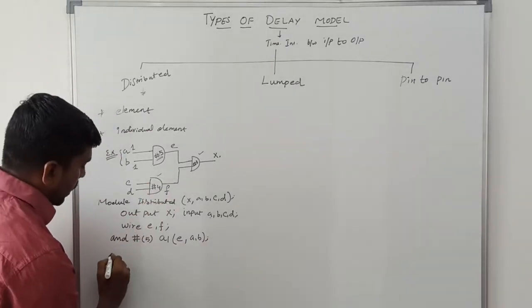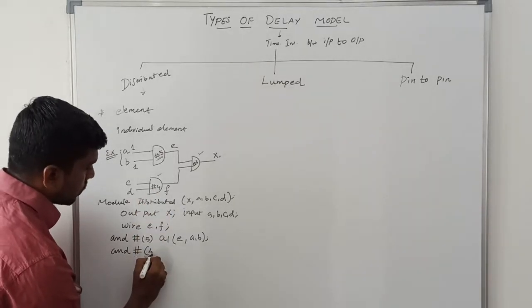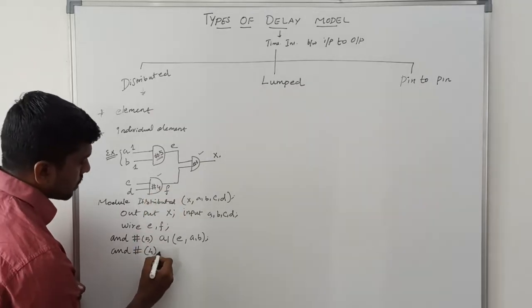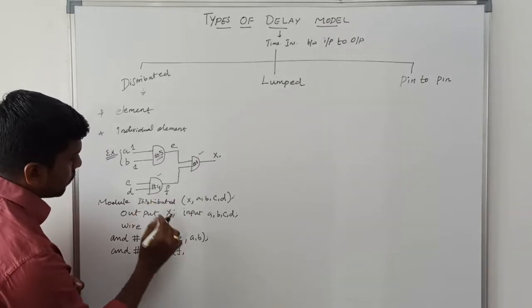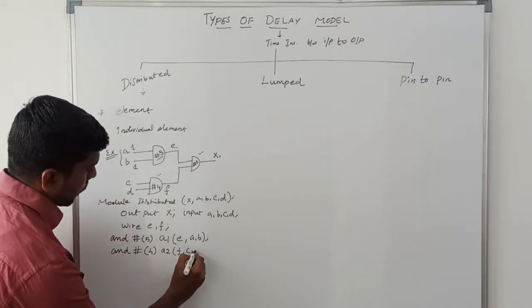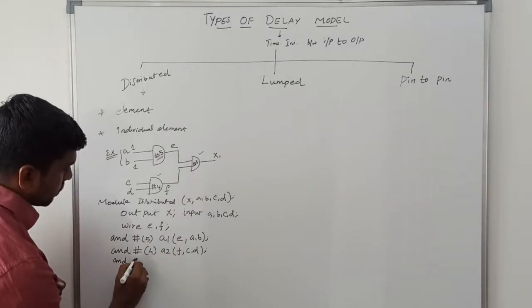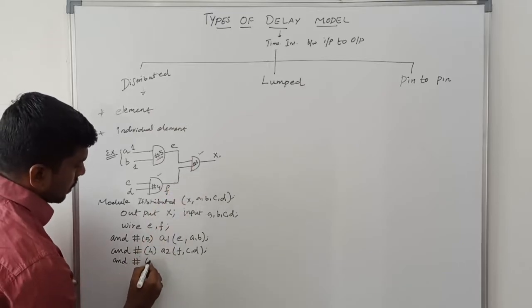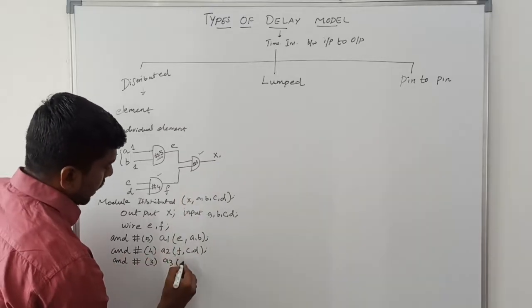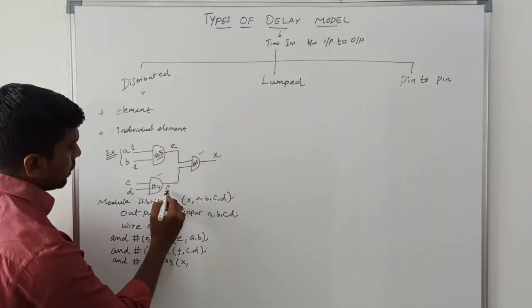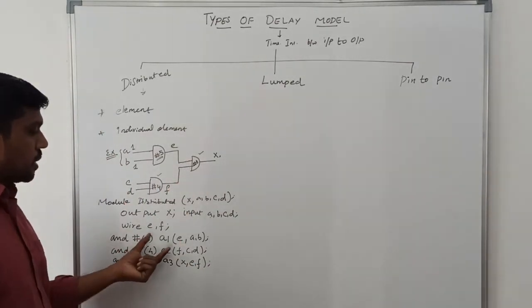Now you declare the second element with the pound symbol. The delay is 4, so after the delay only the output is released. Element name is A2, output of the element is F, inputs are C and D. Then the third element with the pound symbol, delay is 3, element name is A3, output is X, inputs are E and F. All the elements are declared in the program.